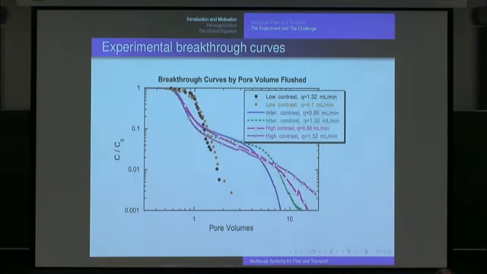Okay. Now, let me look at the breakthrough curves, because this was the challenge. Low contrast case, starting with the black one, that's easiest to follow. Remember, we start off completely filled, fully concentrated. We put in the fresh fluid from one side. So the breakthrough curve has got to drop from 1 to 0 somehow.